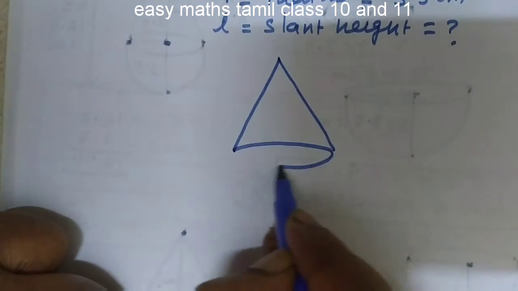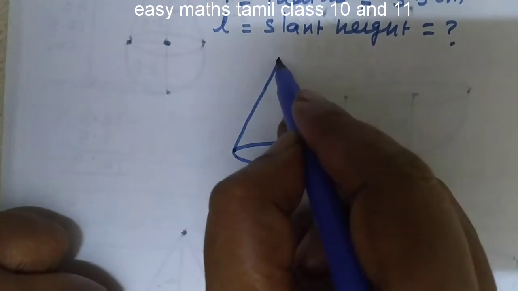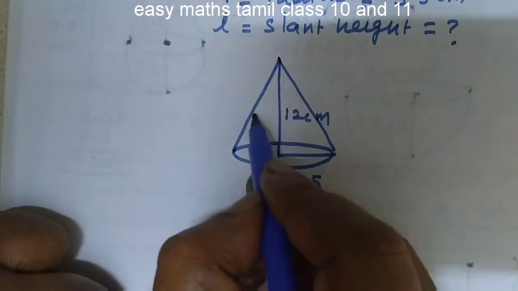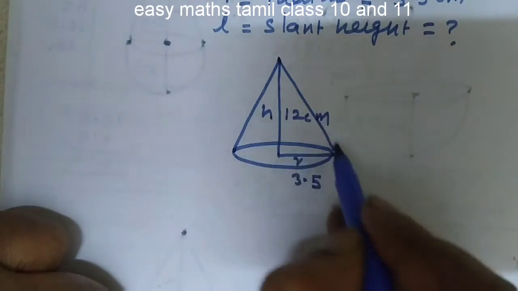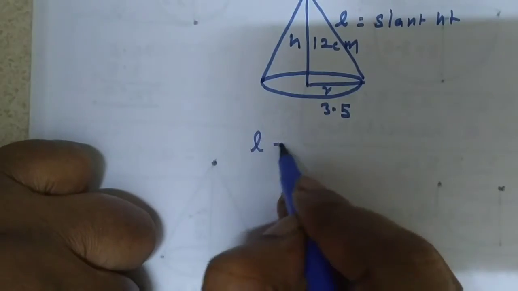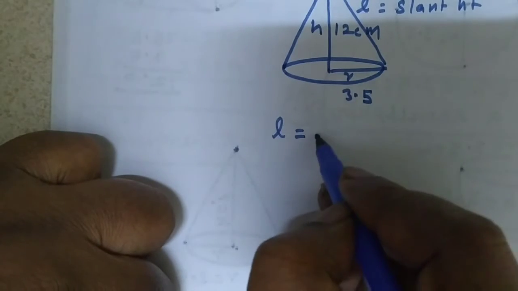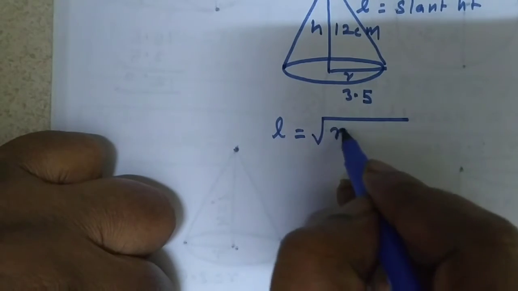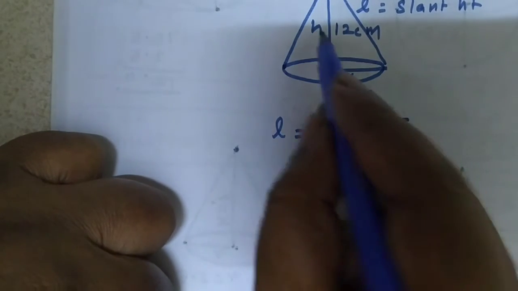In this figure, radius is 3.5 and height is 12 cm. Slant height equal to how much? According to Pythagoras theorem, slant height equal to square root of r square plus h square.